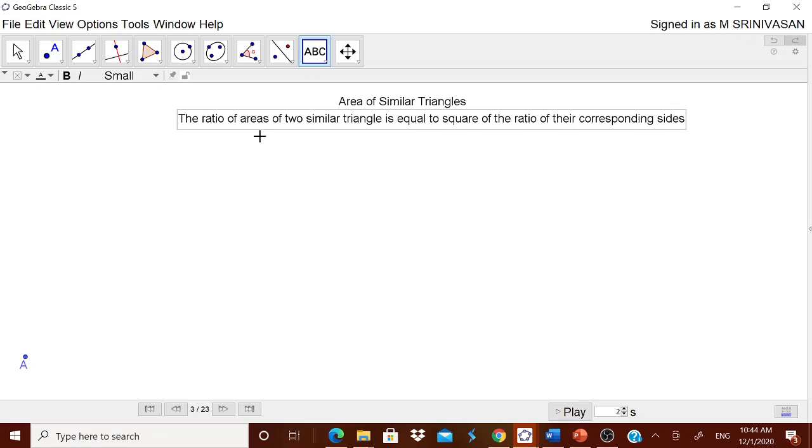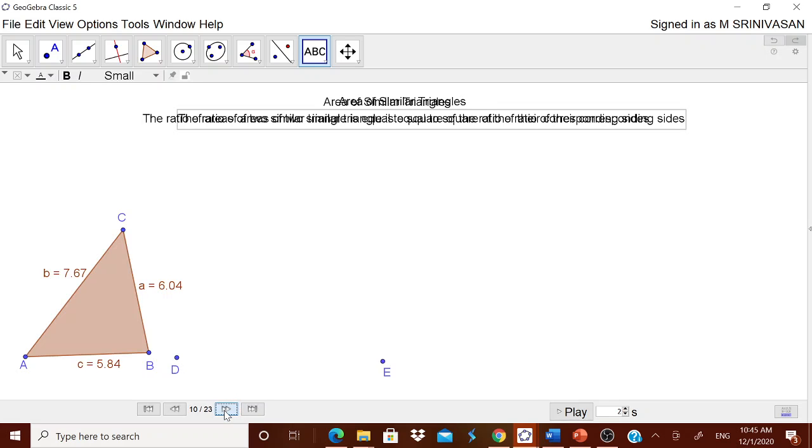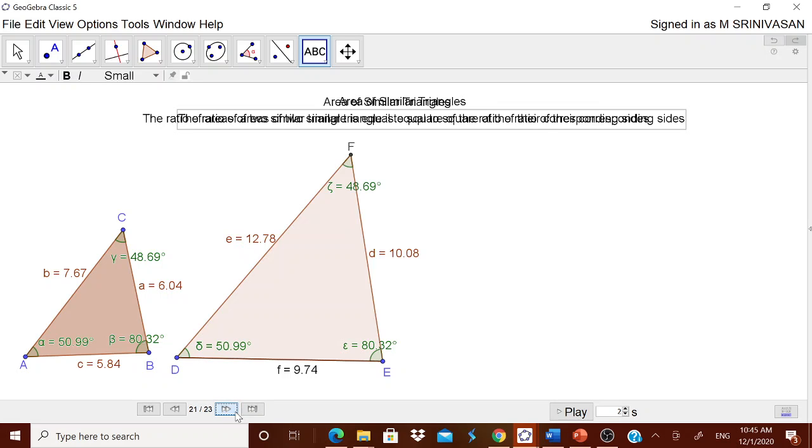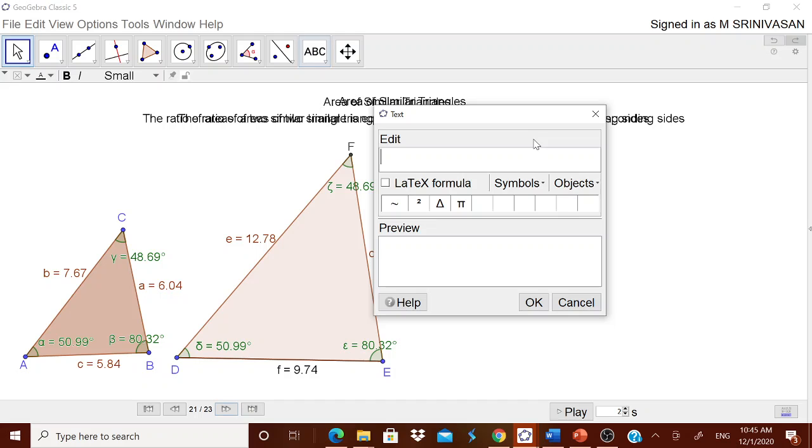Well, now already we have discussed how to construct two similar triangles making use of angle criteria in one of the lessons. Therefore, I am switching to this. Okay.